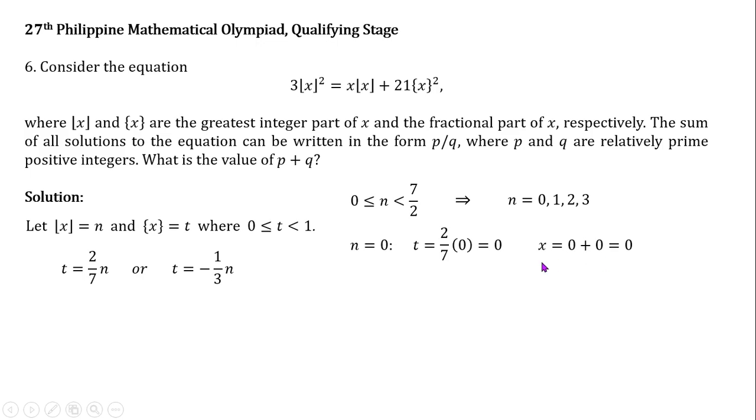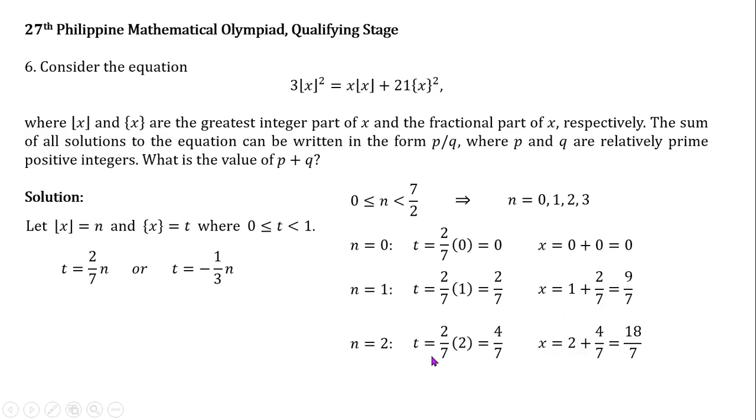This is actually obvious in the beginning. It is obvious that x equals 0 is a solution to the given equation. Now, if n equals 1, then t is equal to 2 over 7. And so x is equal to 1 plus 2 over 7, which is equal to 9 over 7.